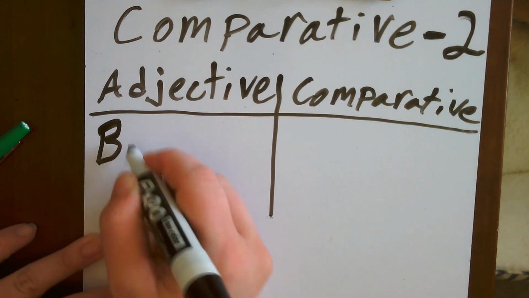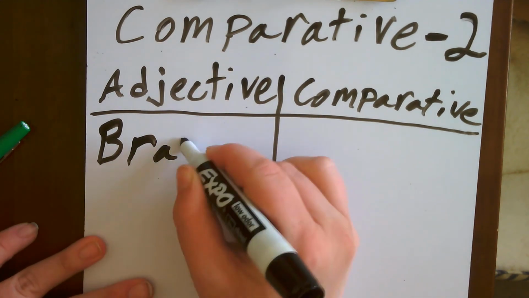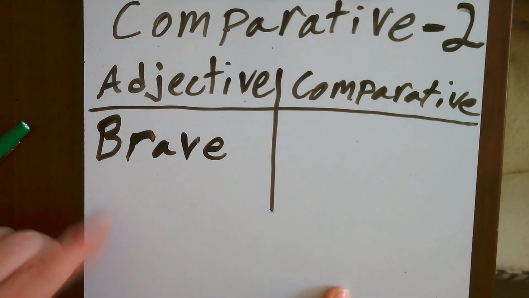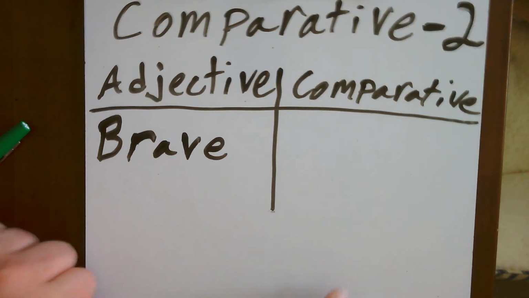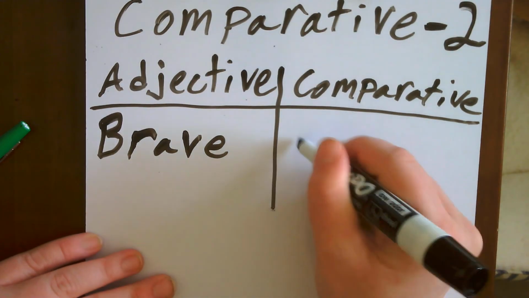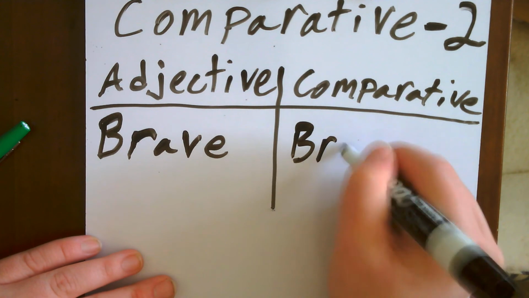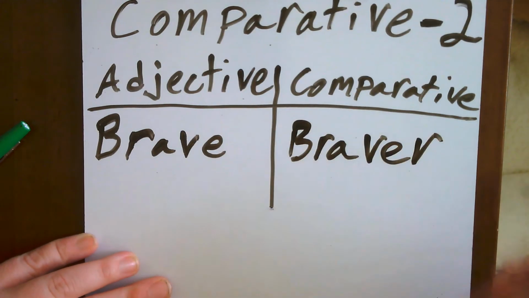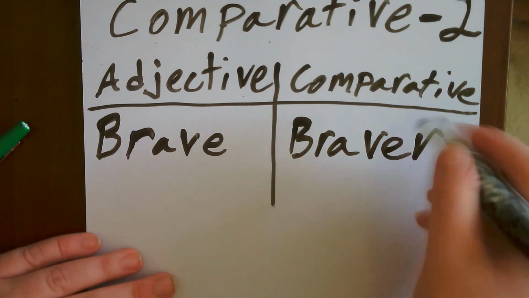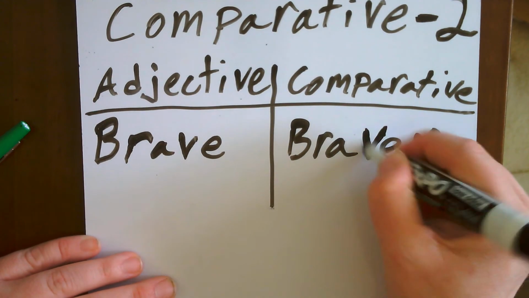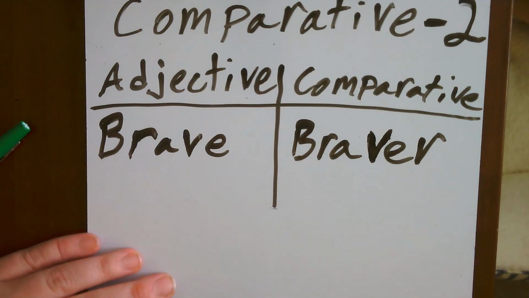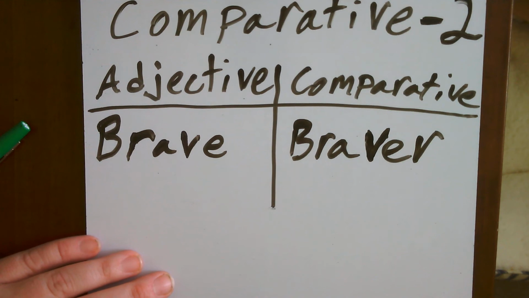If I'm looking at two people and we're having to compare them, say who is braver? Our comparative form of it is braver. So if I compared my dog and my cat, Briar and Luca, and I said Briar is braver than Luca.